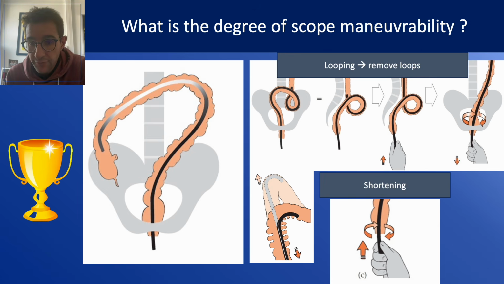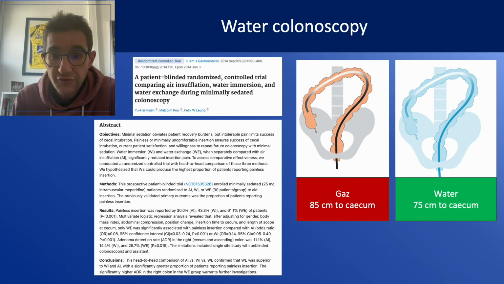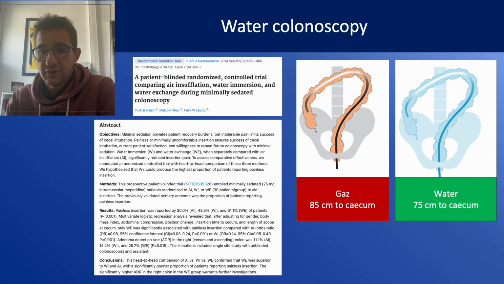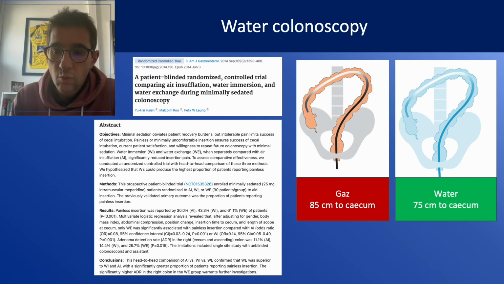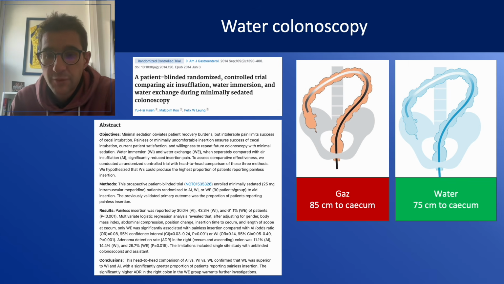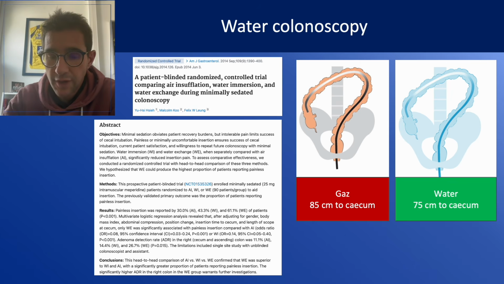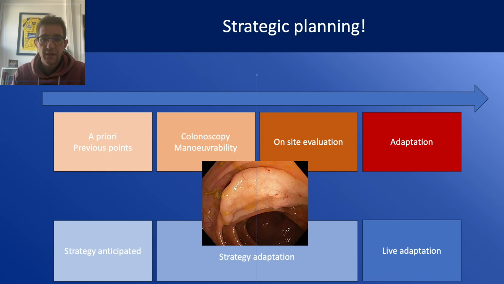If you do get loops, you should try to remove them by delooping in order to get a very good colonoscopy at around 80 centimeters at the CCOM with a good transmission of the scope movement, which makes your ESD far easier. And to do the shortening technique very well, underwater insertion with water exchange is probably the best option to reach the CCOM with good maneuverability.